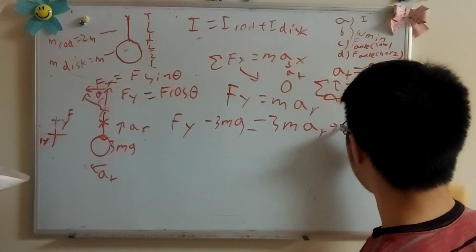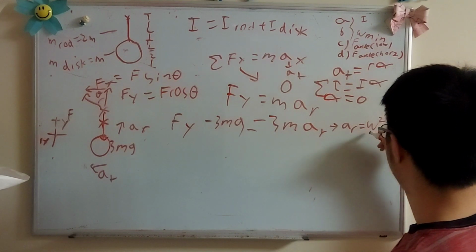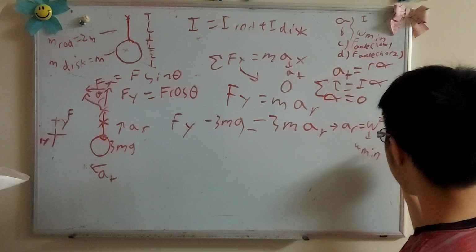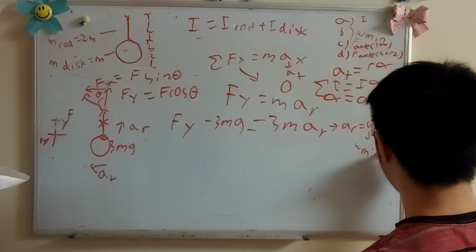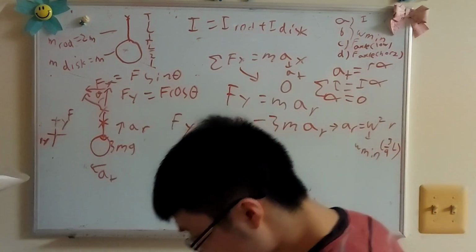We'd solve for AR by knowing that this is equal to omega squared r, where omega is omega minimum, and r is the center of mass, which is 3/4 L.